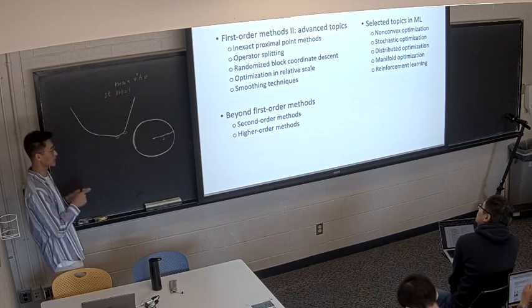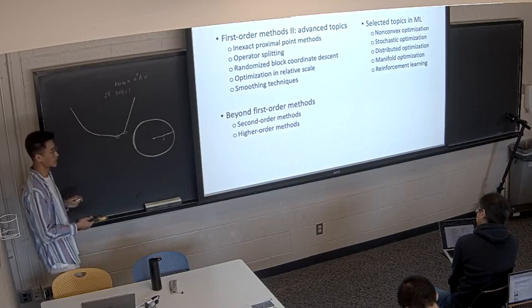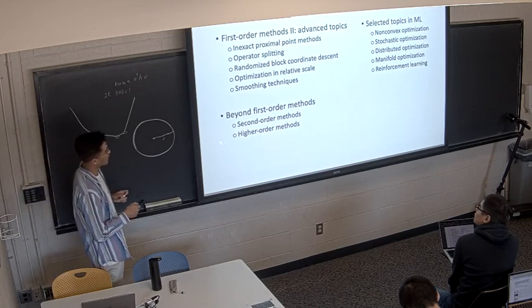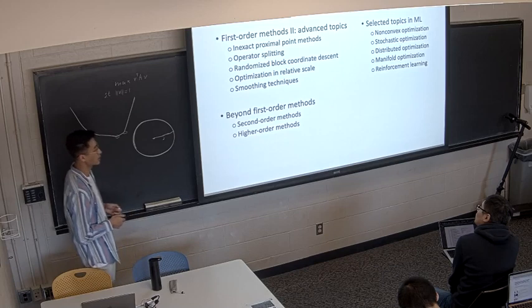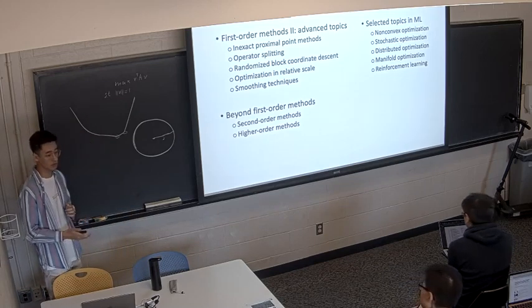Each iteration in second order will be more expensive, but you will perform fewer iterations. But in first order, you have more iterations, but each iteration is cheaper. So there is a trade-off. We will also discuss the complexity of second order methods. And for higher order methods, this is some recent development within five years. People have discussed methods using higher order information.